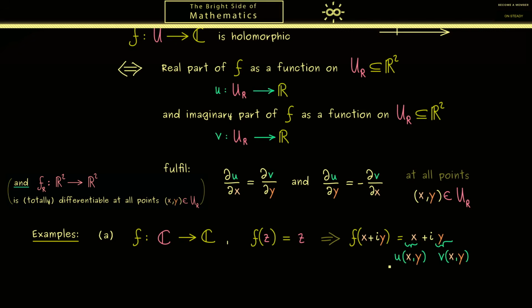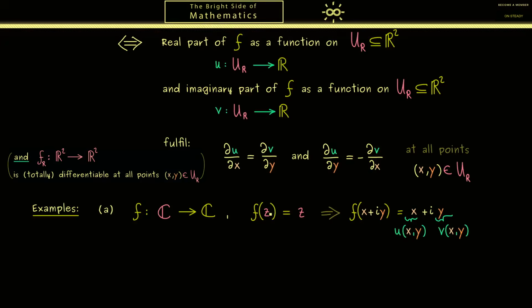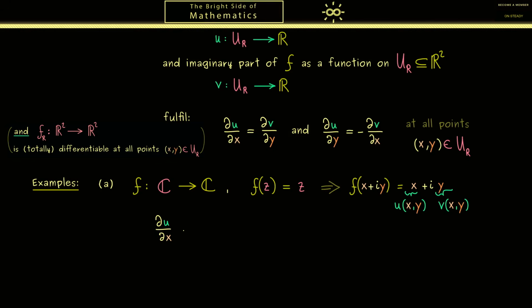So you see, in this case, it's not complicated at all. And now we just want to check if the Cauchy-Riemann equations are satisfied. So let's write down the partial derivatives. First we have du dx, which is in this case simply 1. In the same way, we also see that dv dy is very easy to calculate because this is a simple function and the derivative is just 1 again.